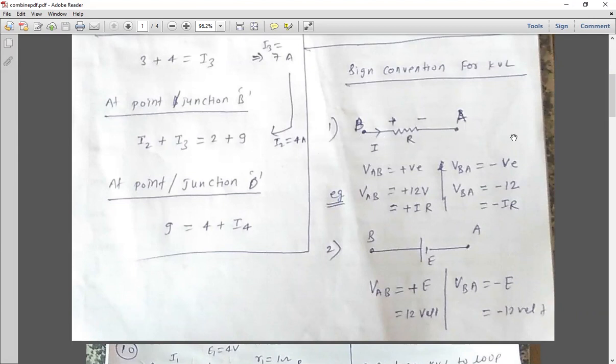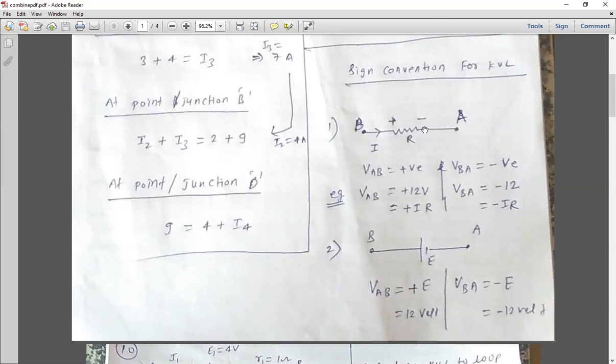If current is flowing toward the right-hand side from B to A, then, as current always flows from high potential to low potential, point B will be high potential and point A will be low potential. So the end of the resistance near high potential will be positive and the end toward low potential will be negative.